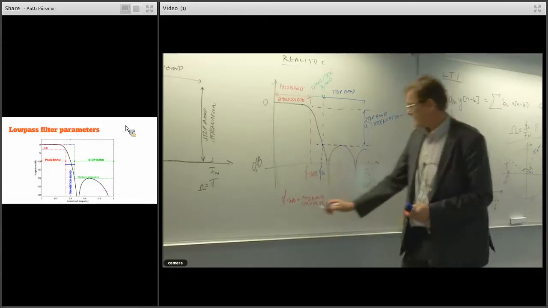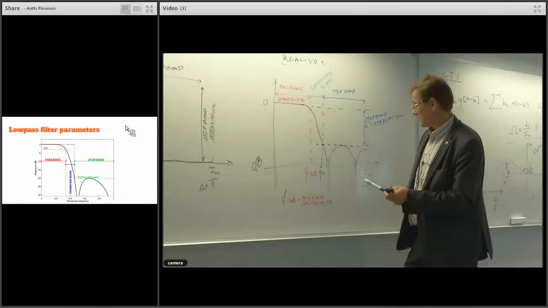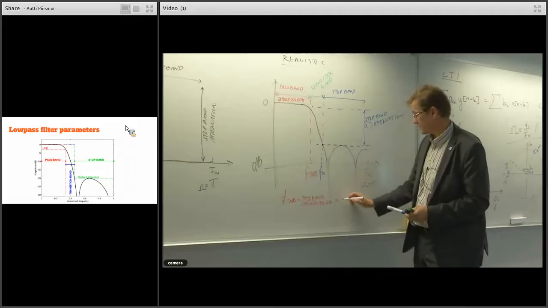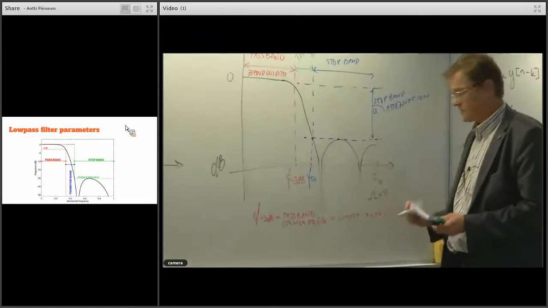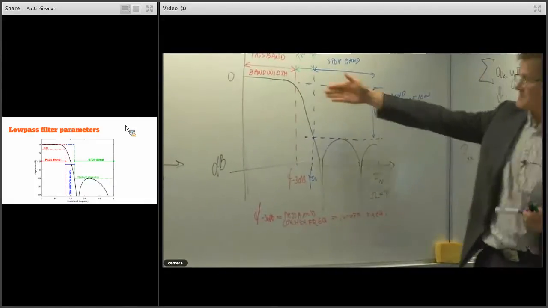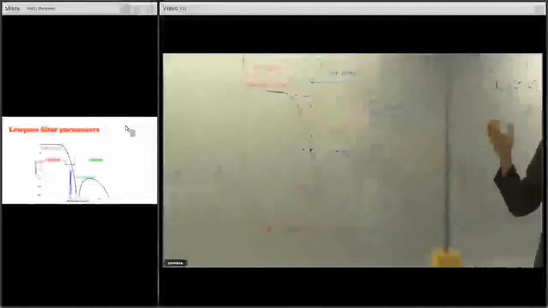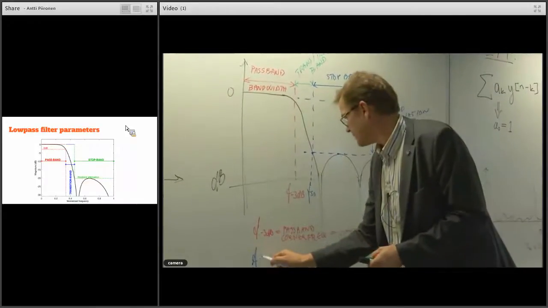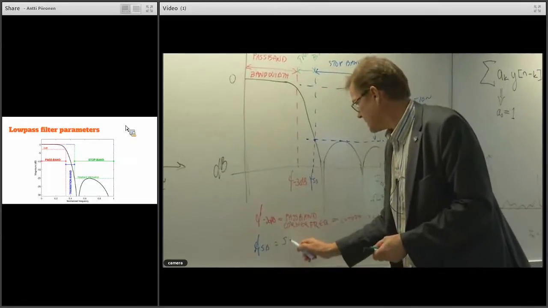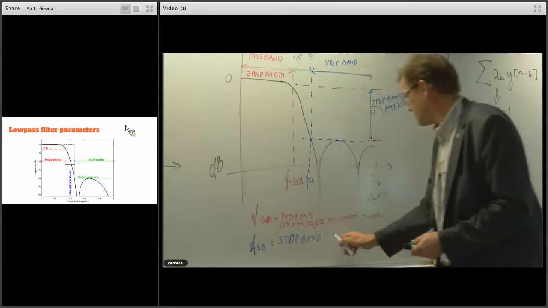Okay, that FSB is the stop band corner frequency, or well, sometimes this is also referred to as the cutoff frequency. That's where the system actually starts to attenuate the out of band signals. So that's the stop band corner frequency.